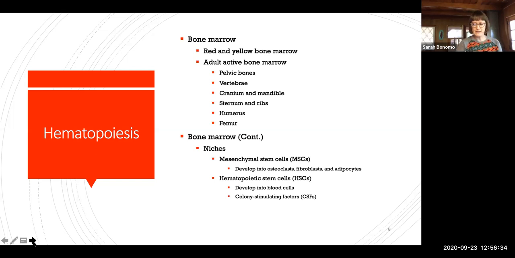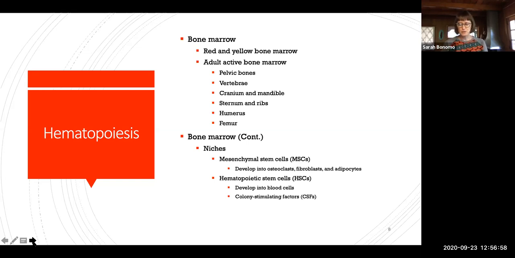And then within the bone marrow, we have these little areas called niches. These are just basically little compartments where differentiation of blood cells happens. Differentiation means the cells are turning into either a red blood cell or a white blood cell or a platelet or whatever that may be.